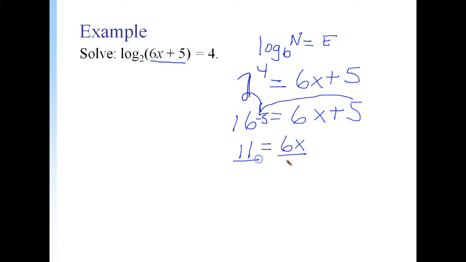We're going to divide both sides by 6. We get x equals 11/6. So again, we started with a logarithmic equation. We converted to an exponential equation, and we solve for our variable.